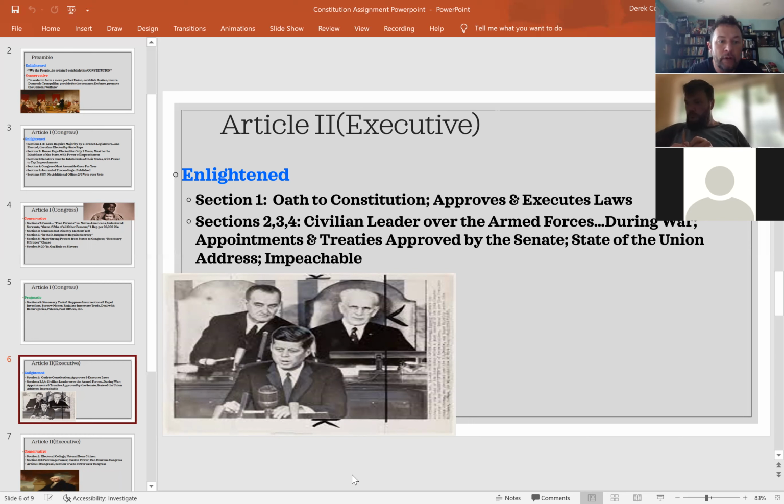Yeah, I want at least something mentioned from Article 1 about the legislature, Article 2 about the presidency, the executive, and Article 3 about the Supreme Court. Have something from each of those 3 articles in at least one of the 3 categories. Oh, okay, so it doesn't need to be in all 3 categories. Exactly. Okay, yeah, no problem.